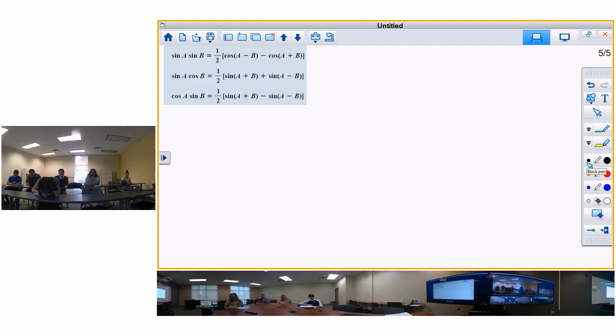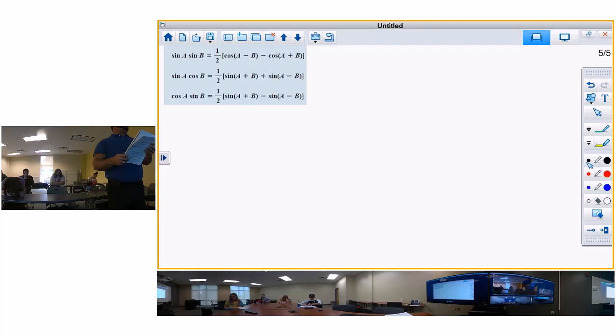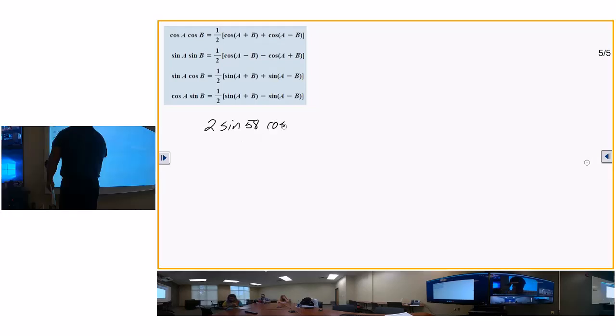Make sure I got the right ones. Sine cosine, cosine sine, sine sine, cosine cosine. Let's do 2 sine of 58 cosine of 102.